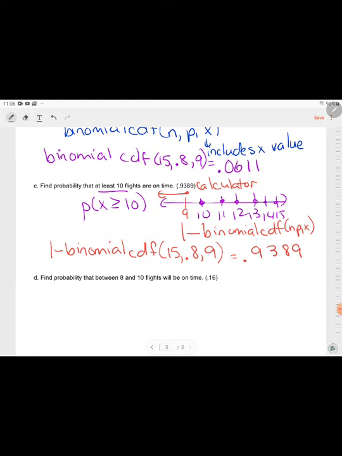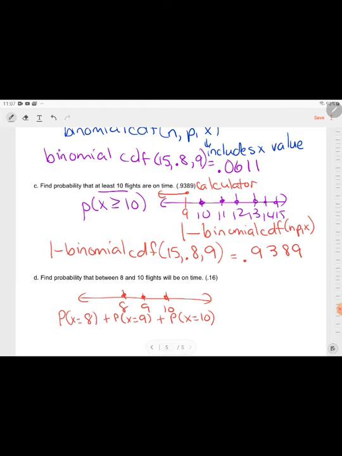So this is probability between 8 and 10. So the easiest way means we want 8, 9, or 10. So honestly, the easiest way is if we do the probability of x equal 8 plus the probability of x equal 9 plus the probability of x equal 10.